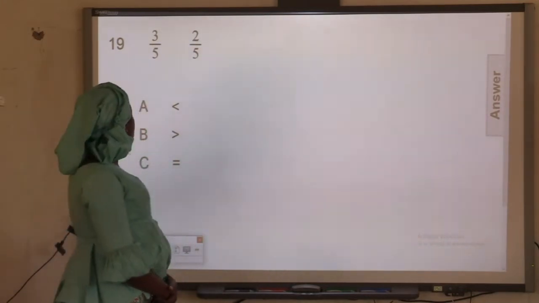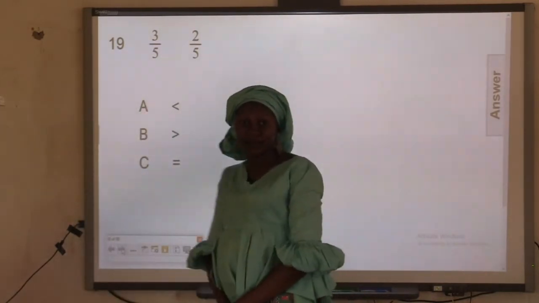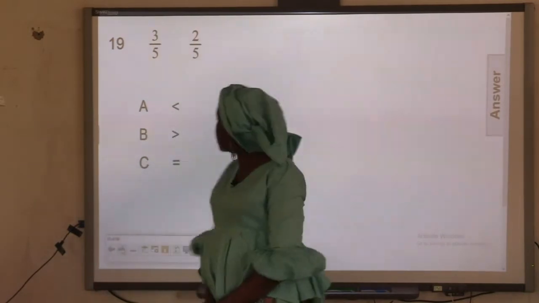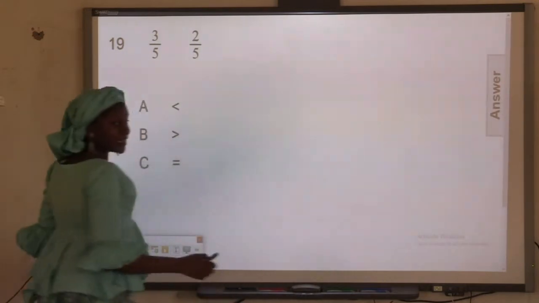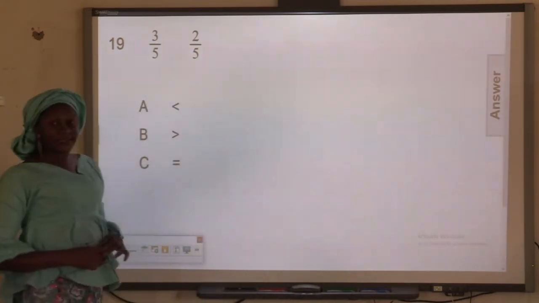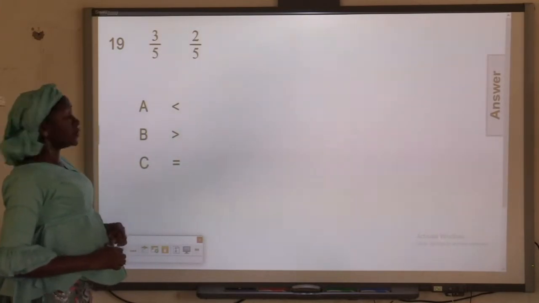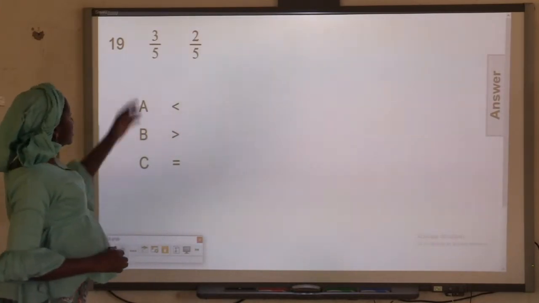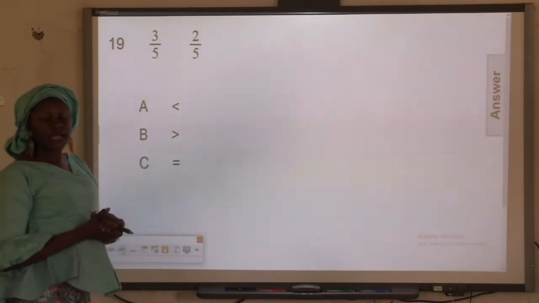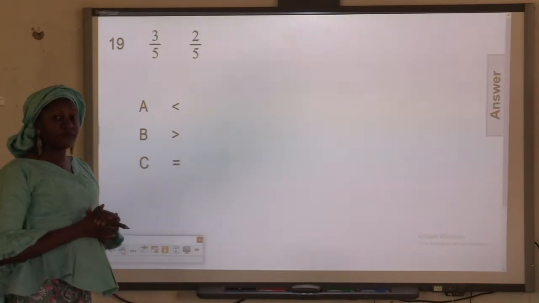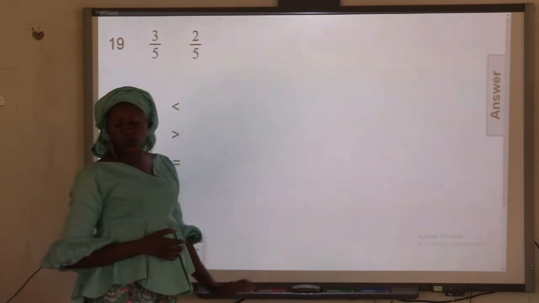We are comparing whether 3/5 is greater than, less than, or equal to 2/5. Now the first question is, are they equal? We are comparing fractions. Remember, these two fractions are not equal.